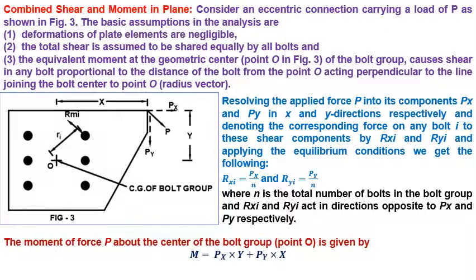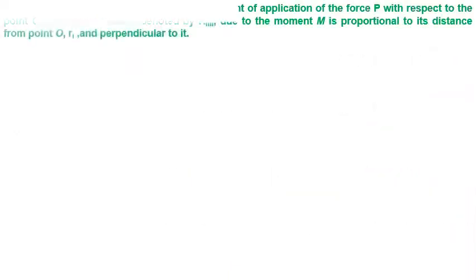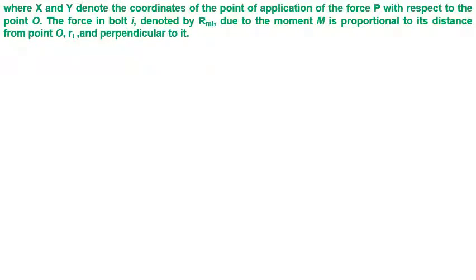Now the moment of force about the center of the bolt group is given by M equals Px into y plus Py into x. x and y denote the coordinates of the point of application of force P with respect to point O. The force in the bolt i, denoted by RMI due to the moment M, is proportional to its distance from point O and perpendicular to it.